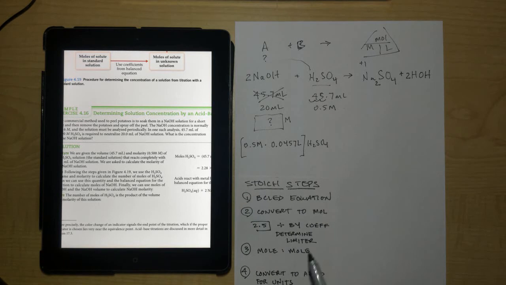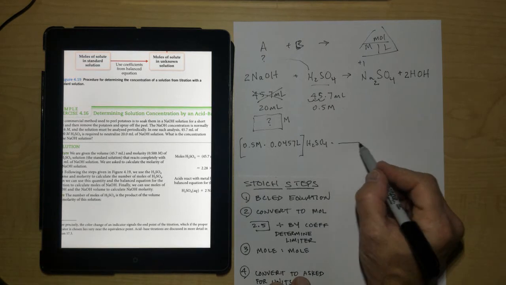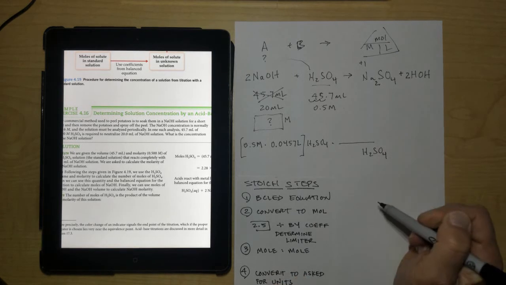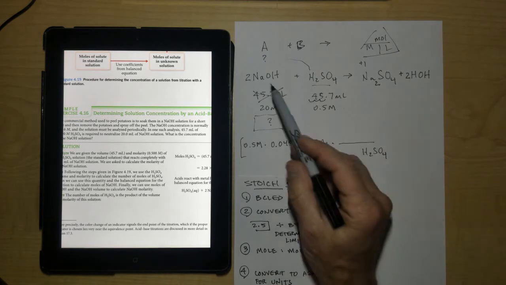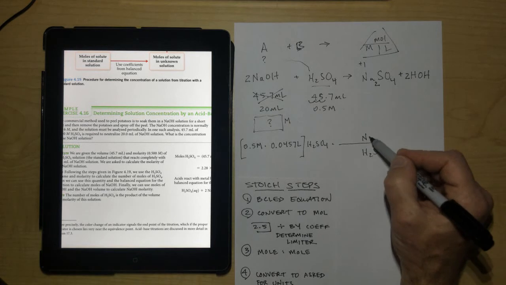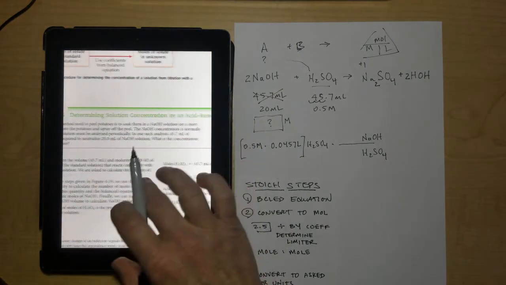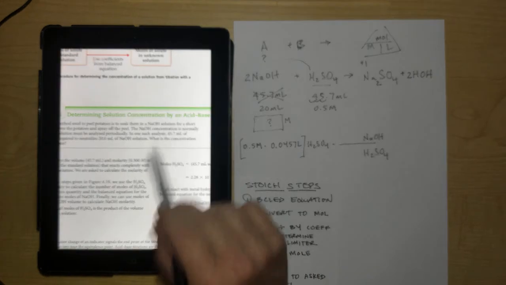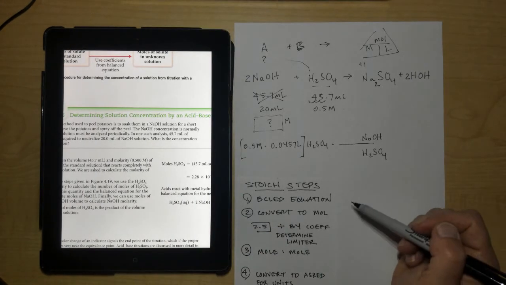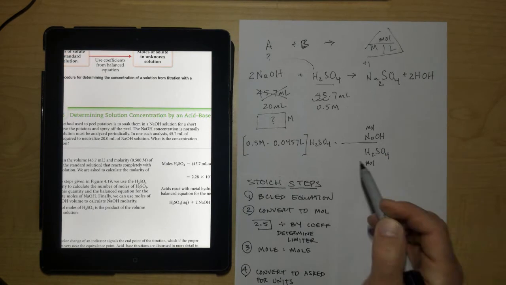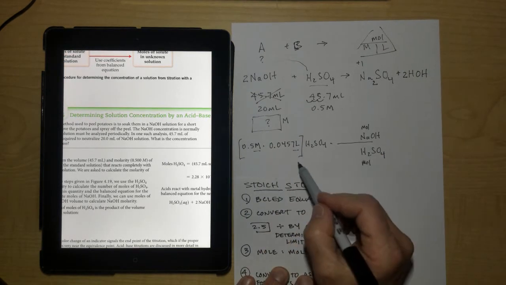Step number 3 then is the mole-to-mole ratio. We'll put H2SO4, the units that I have, in a position where it's going to cancel. And then we'll put NaOH as my new set of units because that's my desired species. I want to know the NaOH solution's concentration. These are moles once again for each one of them because molarity times liter gives me moles.